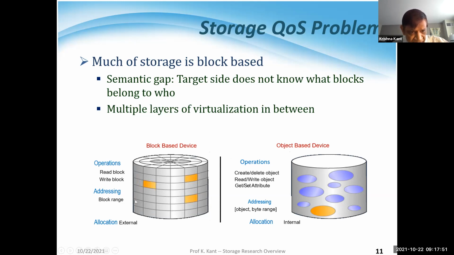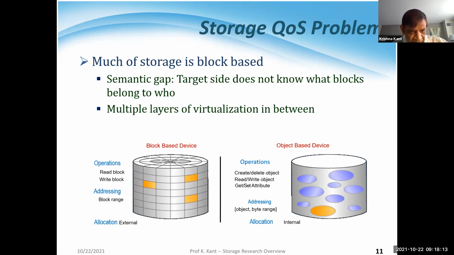It doesn't really have any notion of which application is accessing which block or what QoS needs it has. It's just a bunch of blocks, and it can do a fantastic job of serving those blocks as fast as it can.